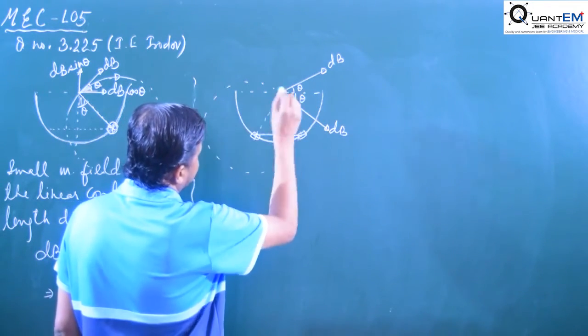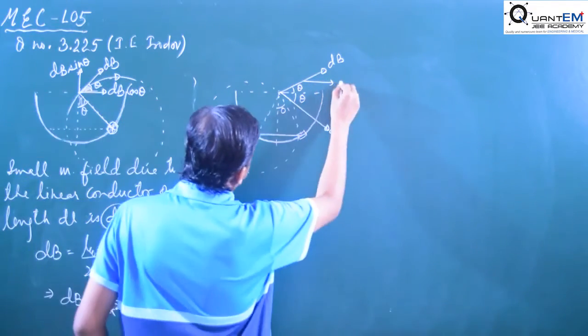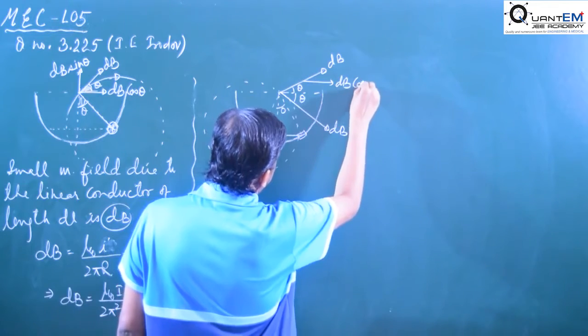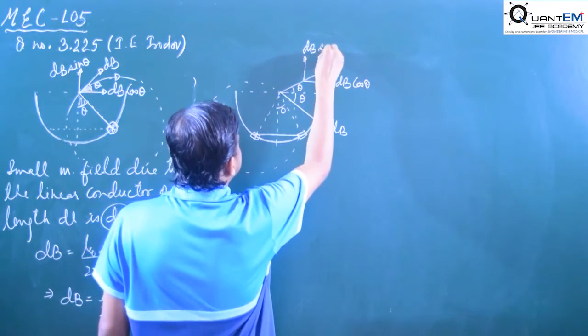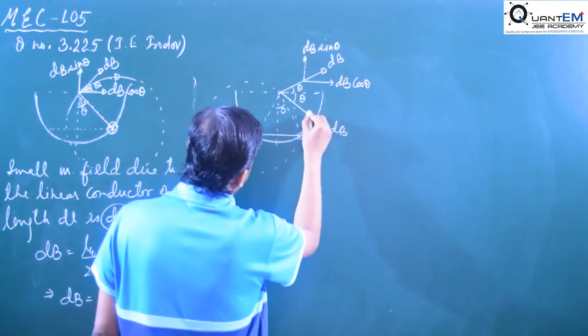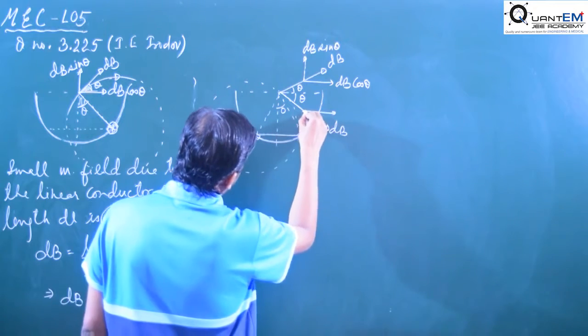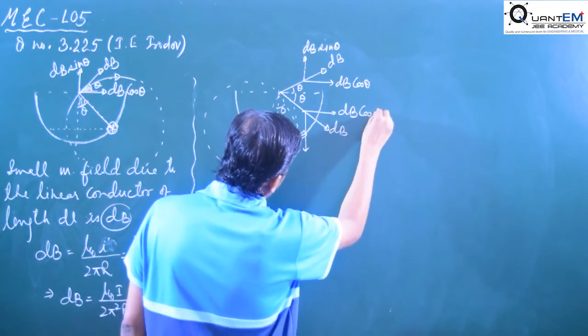Now this angle is theta. For this we already considered, it is dB cos theta and dB sin theta. Similarly for this element, just the opposite element, we have two components of magnetic field, that is dB cos theta and dB sin theta.